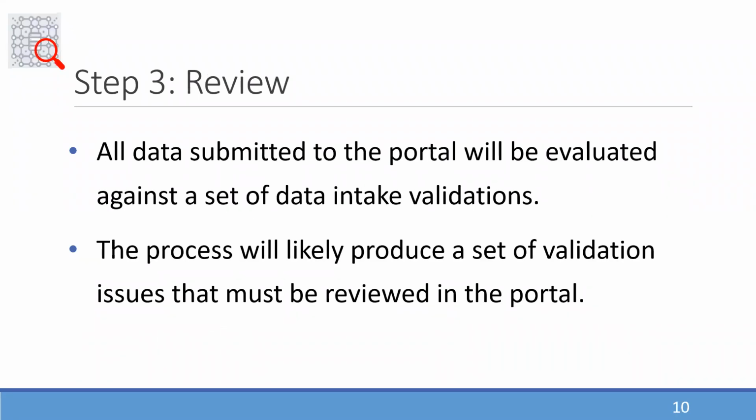Once the files have been submitted, you'll go into the portal to look at the results of the validation, the validation rules that have been used to evaluate the files. The process will likely produce a set of validation issues that need to be reviewed.